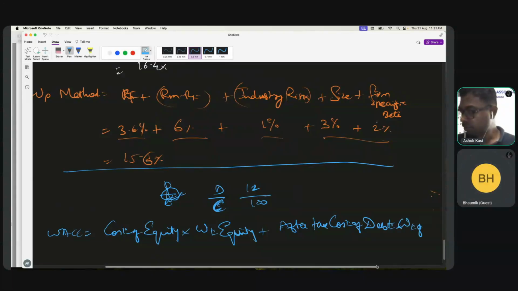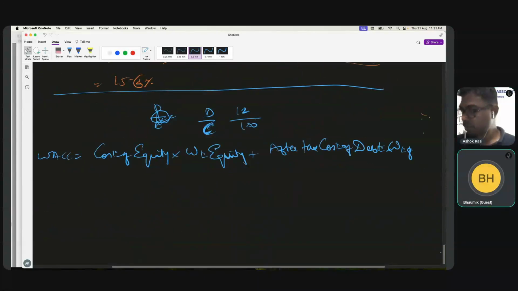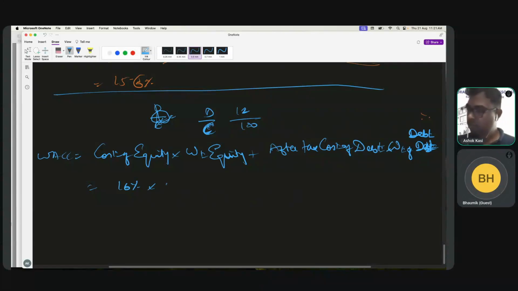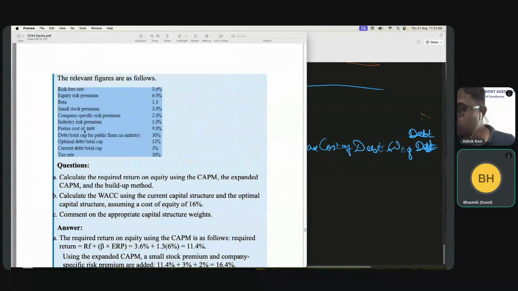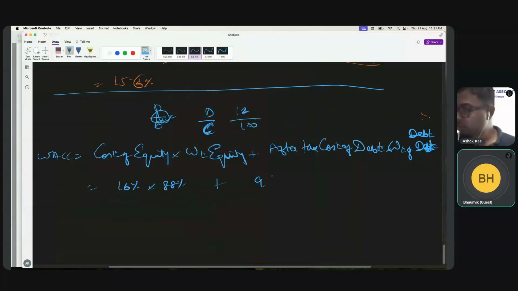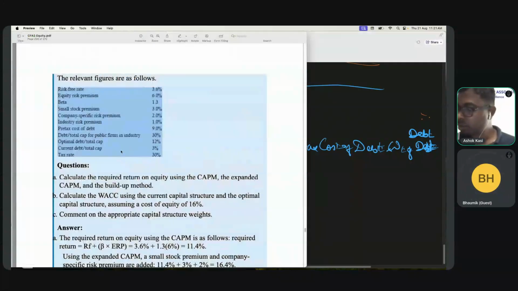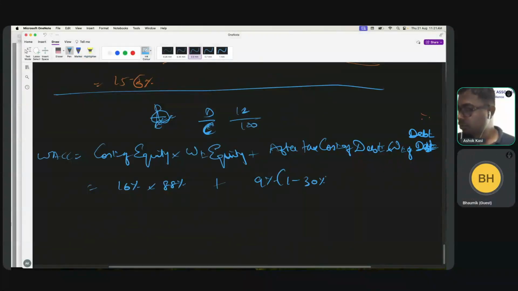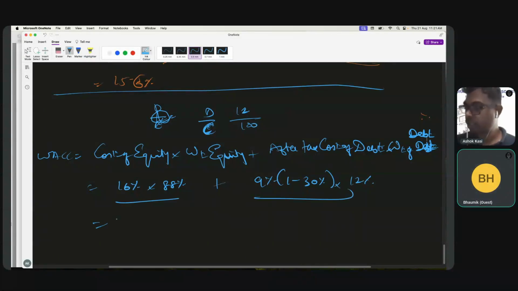Weight of equity is 88 percent times cost of equity 16 percent, plus after-tax cost of debt: before-tax cost of debt is 9 percent times (1 minus tax of 30 percent), times 12 percent. Now just calculate.